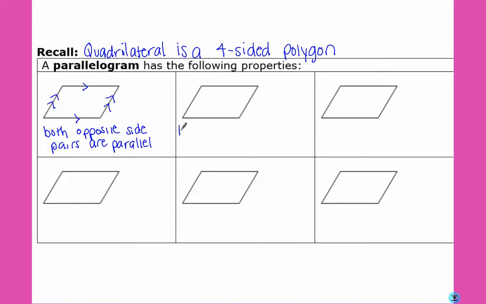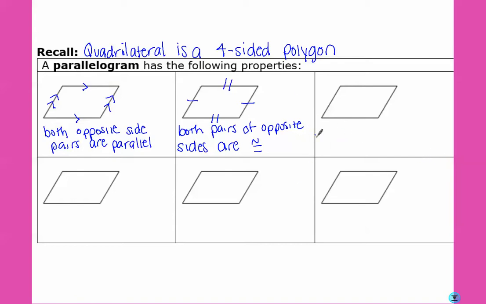We also know that both pairs of opposite sides are congruent, meaning this side length is the same as this side length, and this side length is the same as this side length.